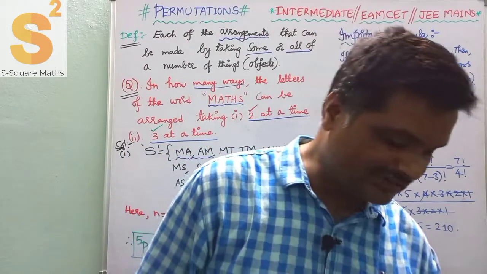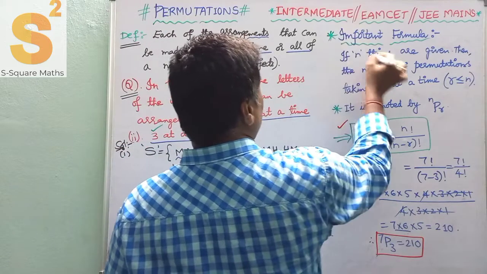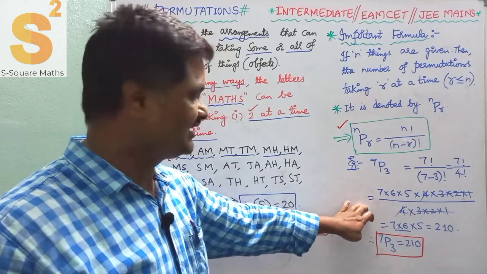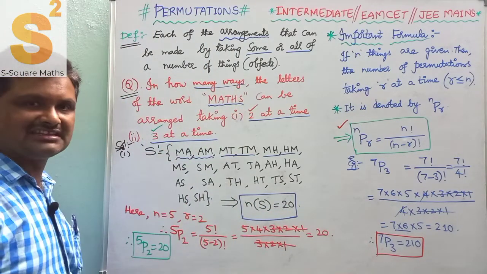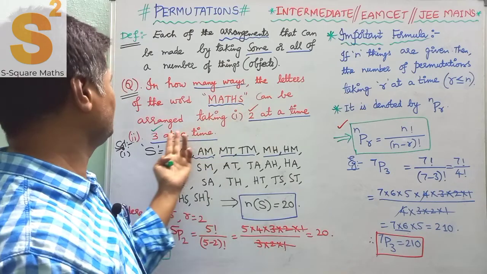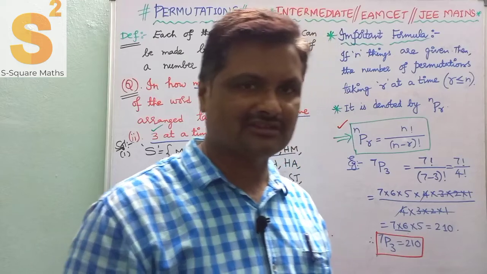So here we have learned about the important formula for the number of permutations and factorial concepts. At the same time, the number of arrangements with the letters of the word MATHS taken 2 at a time, 3 at a time. You can also go for 4 at a time and 5 at a time also.